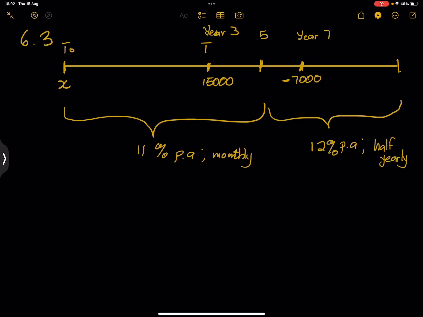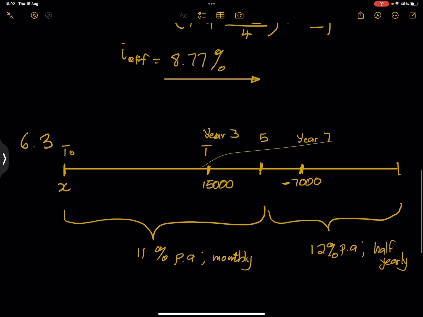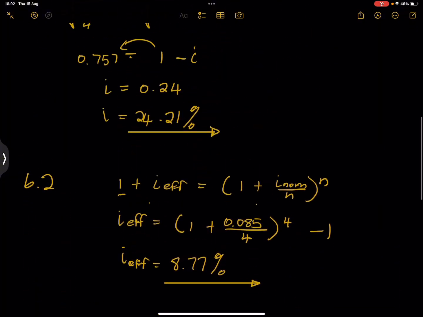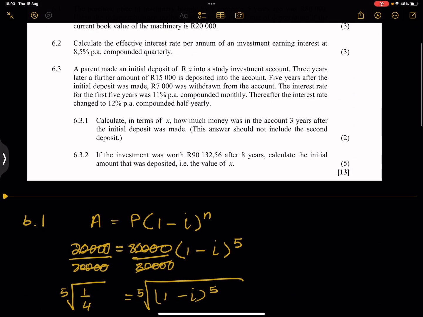Ladies and gents, let's now try to work out what would be the value of our investment. So this is what we are given. This is what our timeline would look like, which means we are actually going to end up at year number 7.